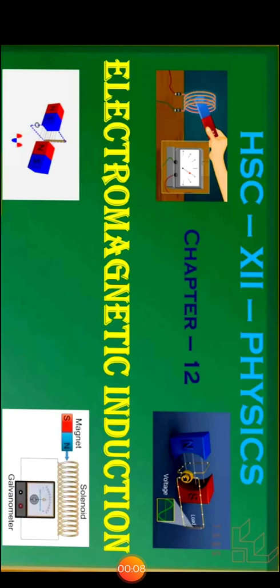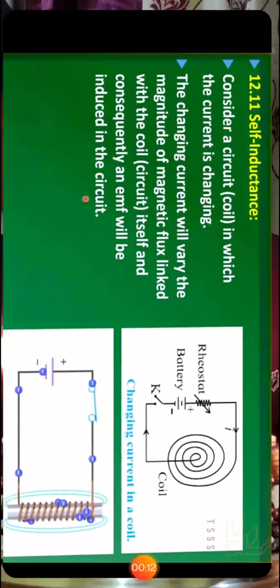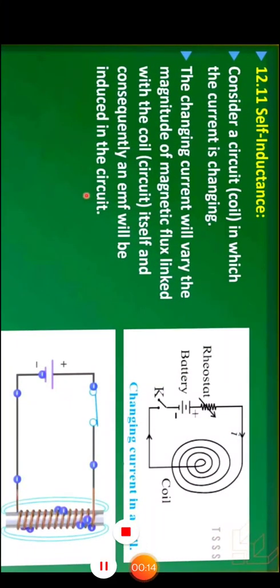In this chapter, we will study a new topic: self-inductance. Consider a circuit coil in which the current is changing, as shown in the figure.